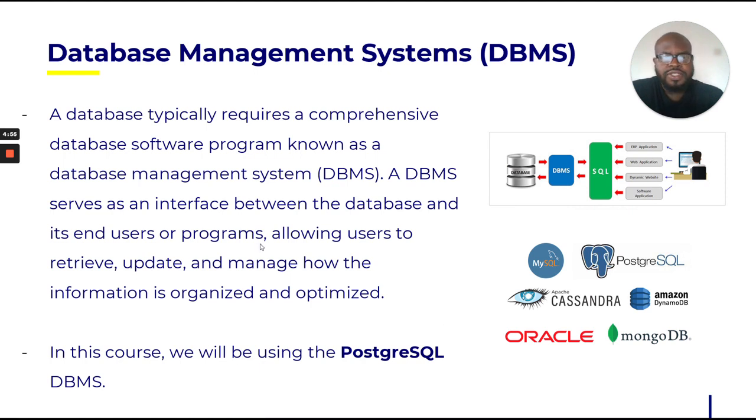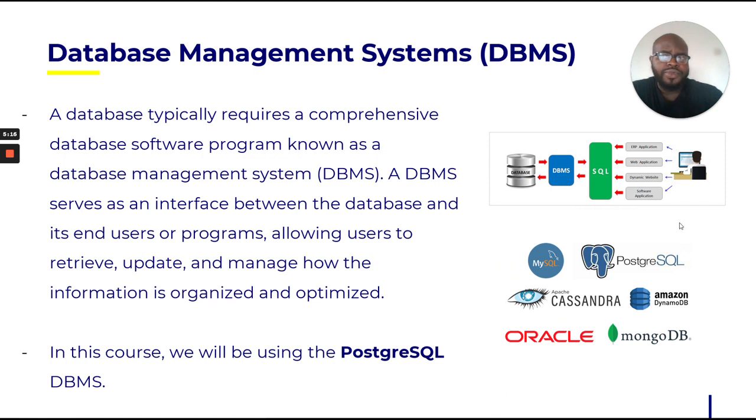Now, in relational database, we use SQL to communicate with the database. And there are many types of DBMSs that help us communicate with the database with SQL for relational database. We have examples like MySQL.